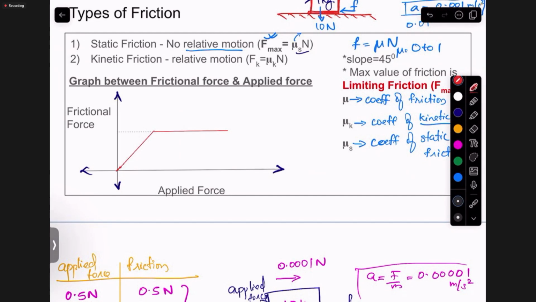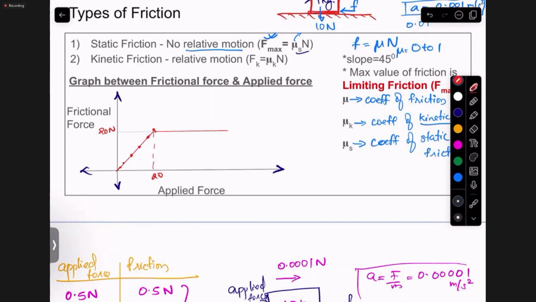Then applied force is 1 Newton, frictional is also 1 Newton. Applied force is 5 Newton, frictional is also 5 Newton. Applied force is 10 Newton, friction is also 10 Newton. It is going till 19 Newton, then it will go up to here. Applied force is 20 Newton, frictional force is also 20 Newton.